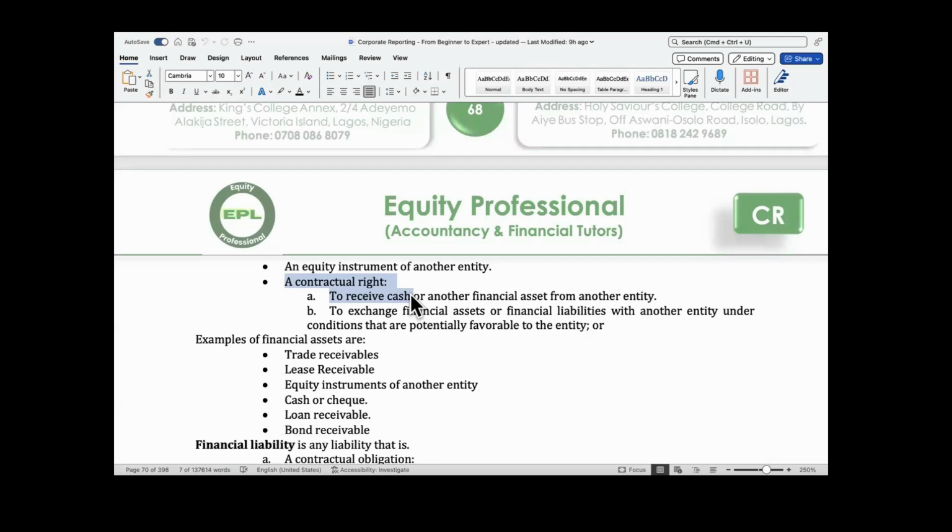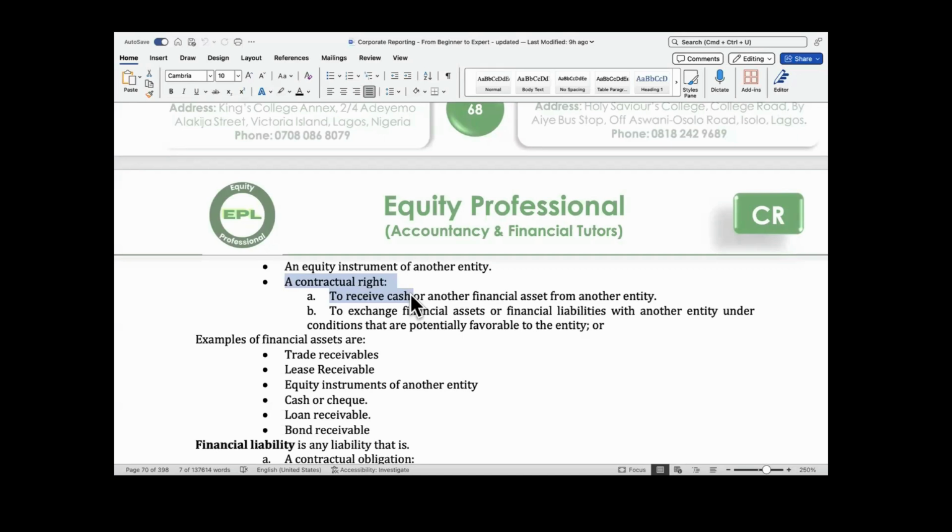And primarily, what can give you right to receive cash? Number one, if you lend somebody money, if you give somebody money and the person is supposed to pay you back the principal and the interest, automatically that gives you contractual right to receive cash.